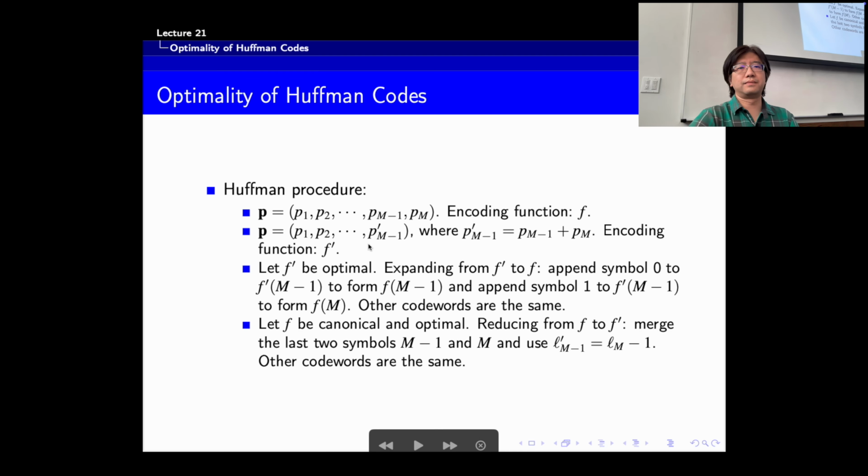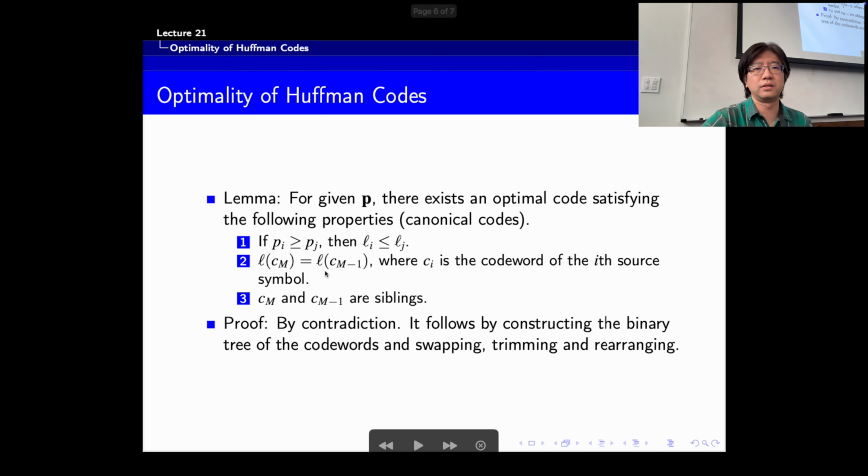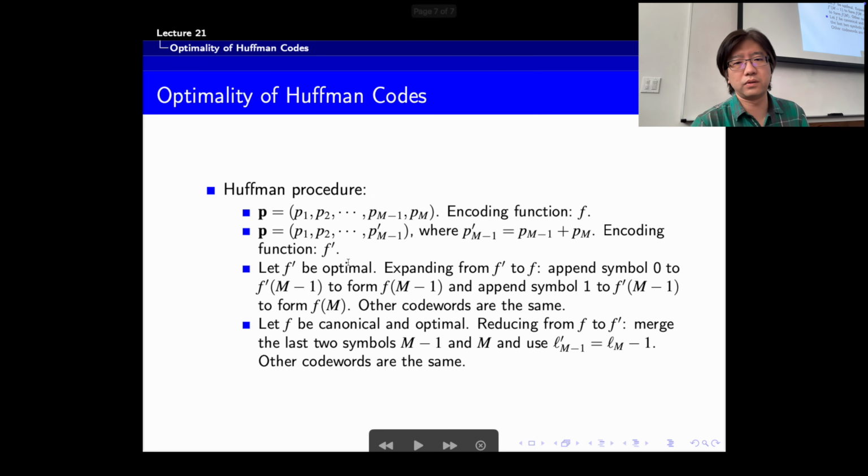By knowing this, what is really important is basically this. We know they have siblings, and also that their lengths are equal, which is important. By using this theorem, we can have two procedures: one is the merging extending procedure, and the other is the reducing procedure.